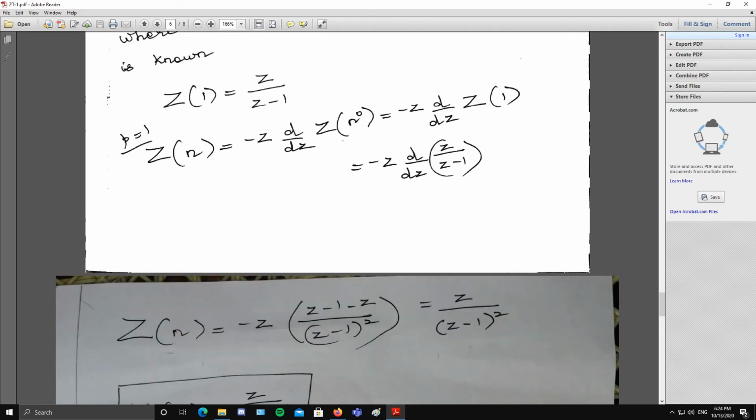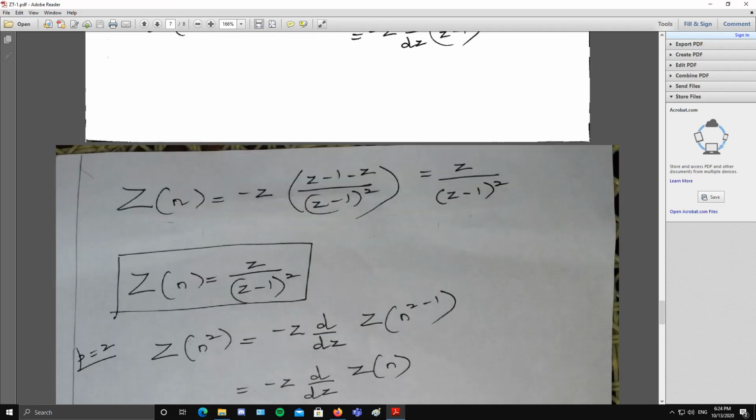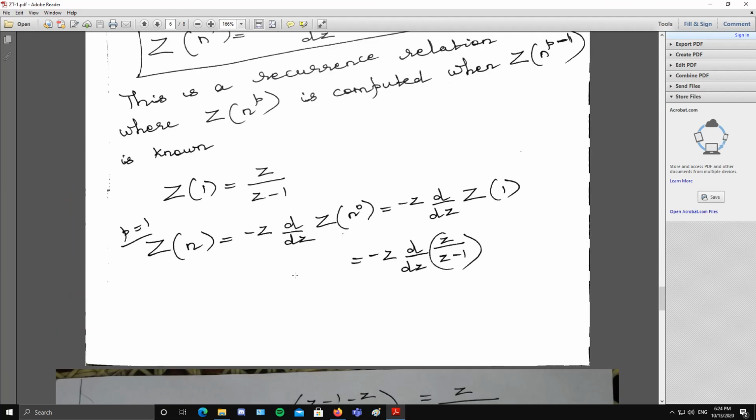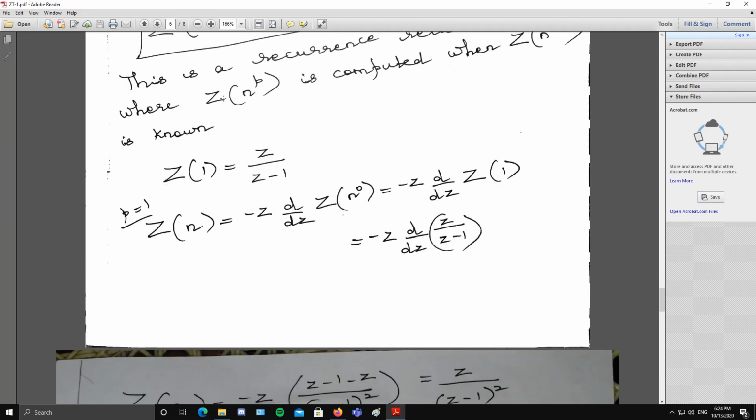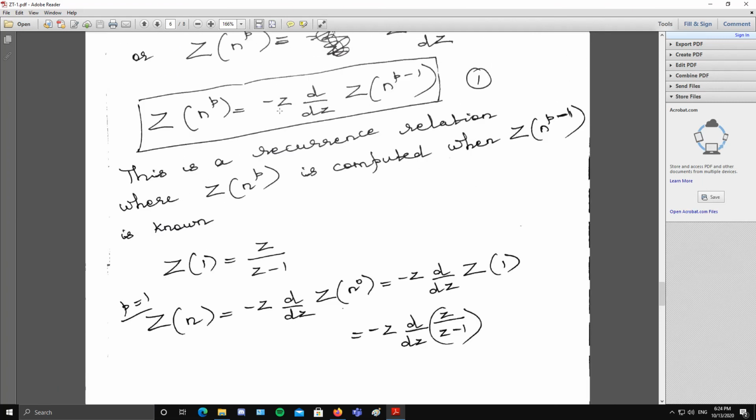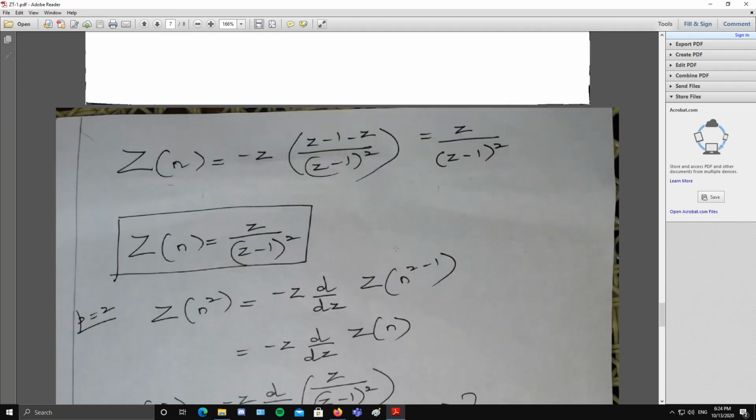If you do the quotient rule, you will get the transform of n as z by z minus 1 the whole square. Similarly, if you take p as 2, Z of n square is minus z d by dz of Z of n power 2 minus 1, that is Z of n.